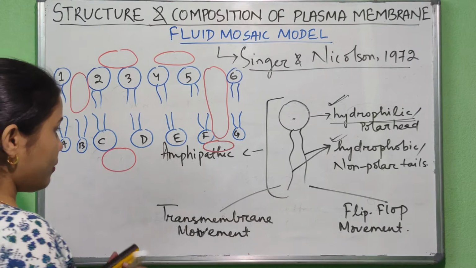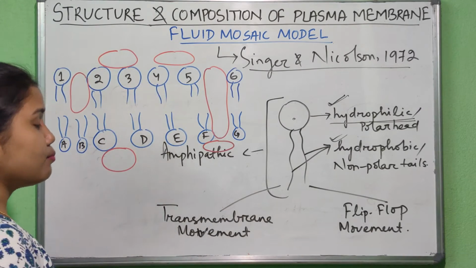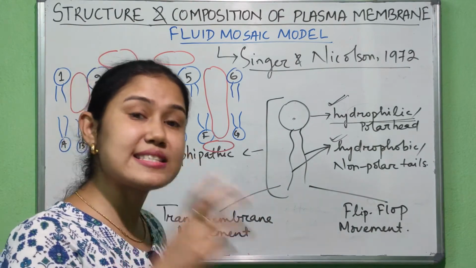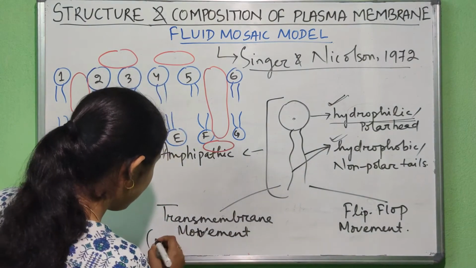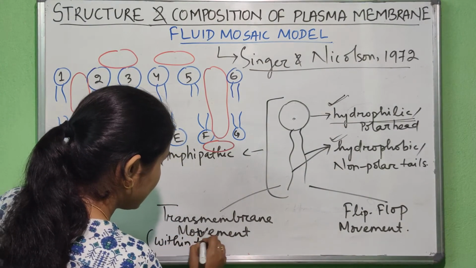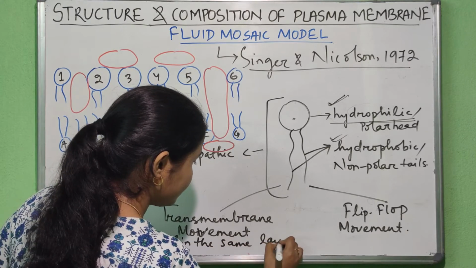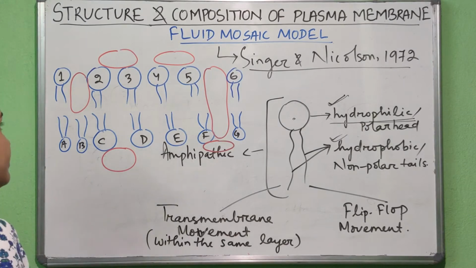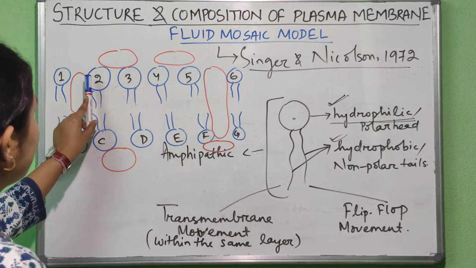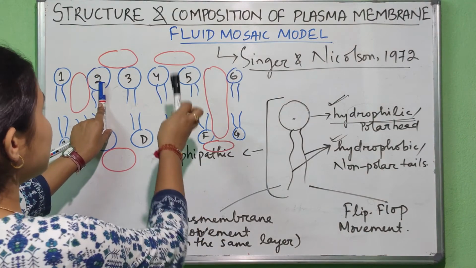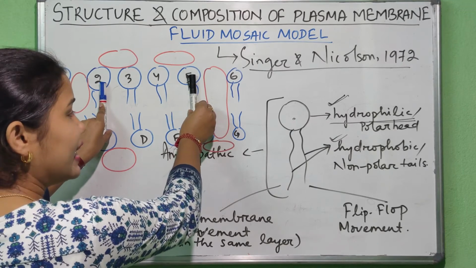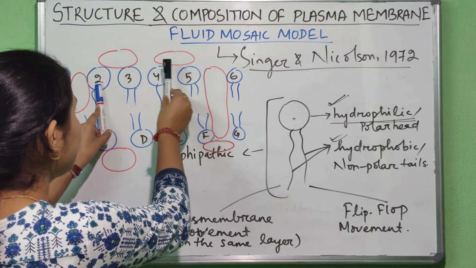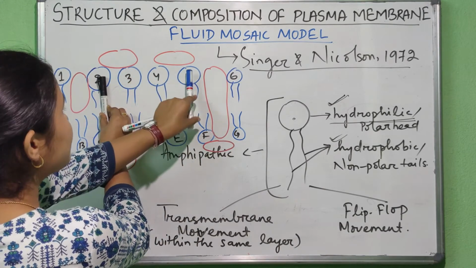According to the transmembrane movement, the movement of lipid is within the same layer. So consider this structure. This is lipid number 2 and this is lipid number 5. If it is showing transmembrane movement, then 5 will come towards 2, whereas 2 will come towards 5.